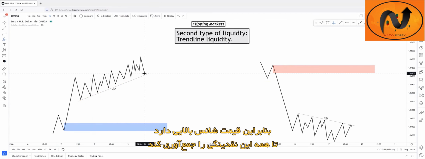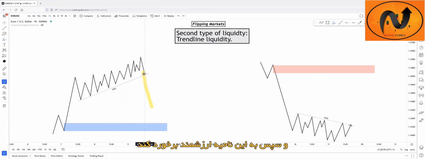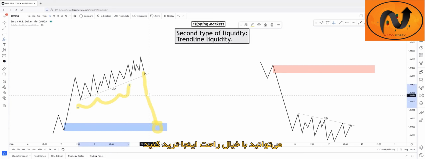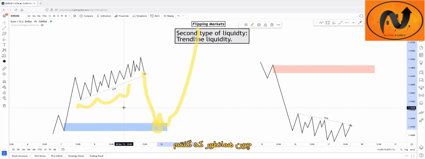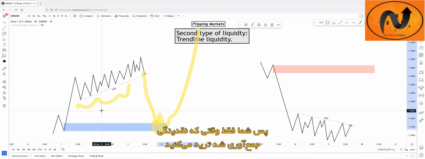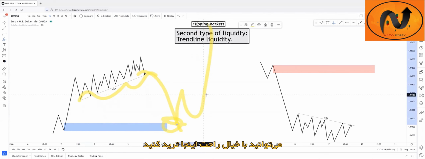So price has a really great chance to sweep all of the liquidity from the retail traders, collect the liquidity, tap into this valuable zone, and after it tapped into this zone and swept the liquidity, you can easily hop in a long trade here after the liquidity has been collected, because as I said, the main purpose of the smart money is to enter only after the liquidity has been swept on the retail side. So you only want to enter if you know that the liquidity has been collected. If price sweeps this liquidity trend line, you can easily hop in a trade here and enter on the long side of the market.